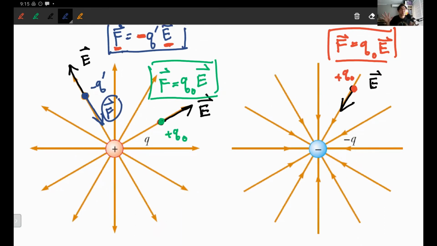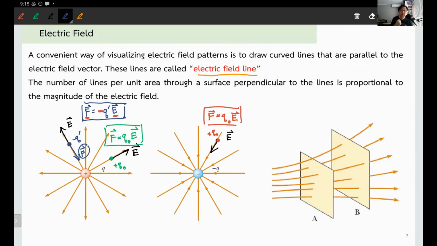The basic of getting things started is understanding that around a positive charge, the electric field points outward. Around a negative charge, the electric field points towards it. That's the starting point. Now the last thing we want to add is the magnitude of the field. Now we have the direction down, we have to get to the magnitude.